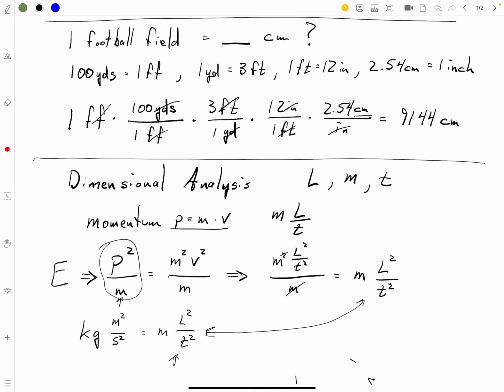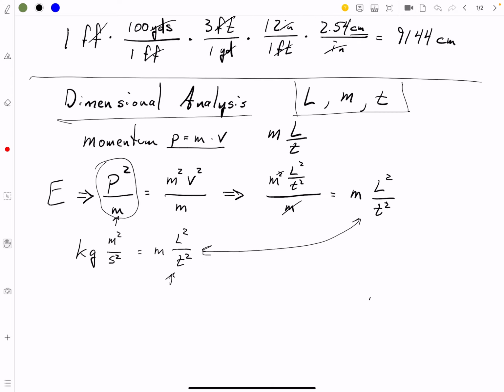Okay, so it's dimensional analysis. They call it dimensional analysis, but what you're really doing is saying, do I have the right number of lengths? Do I have the right number of masses? And do I have the right number of times in my equation? And when I get my answer, do I have those same things? So it'll check your algebra for you.